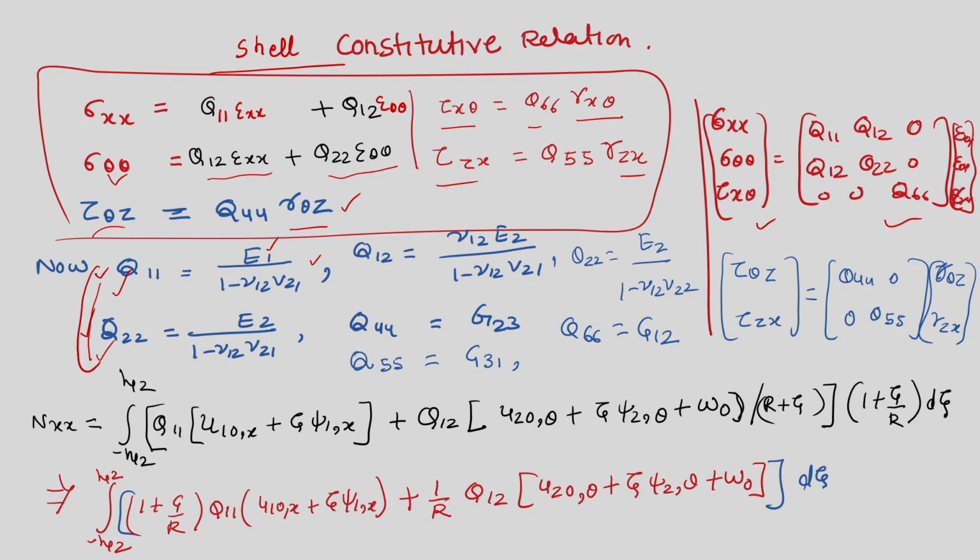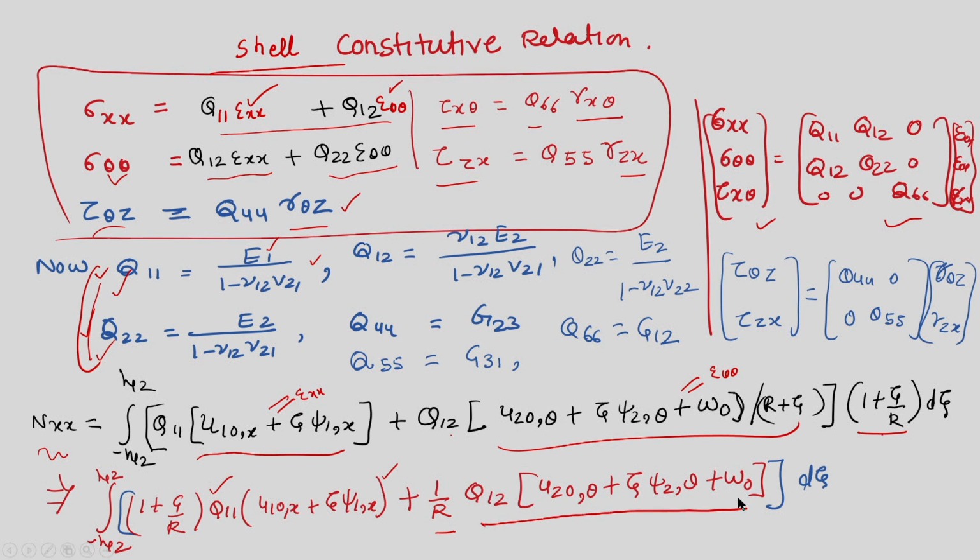Let us see Nxx. Nxx is the integral of sigma xx into 1 plus zeta by R into d zeta. So, sigma xx is replaced by this, substituting the values of epsilon xx and epsilon theta theta. This is the value of epsilon xx, and this is the value of epsilon theta theta, and 1 plus zeta by R. If you keep that inside, the 1 plus zeta by R comes into the picture with Q11, but in the case of Q12 only 1 by R will come up, and the 1 plus zeta by R terms get cancelled out and it becomes like this.